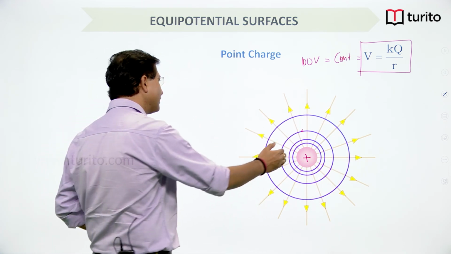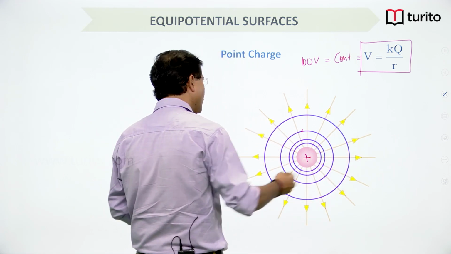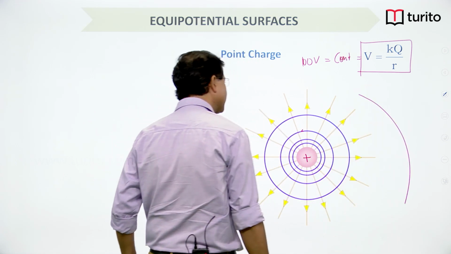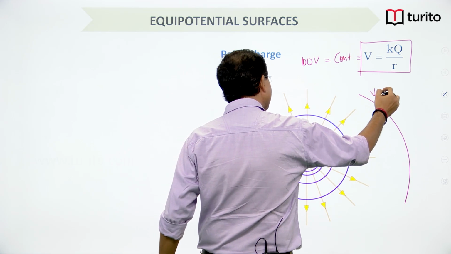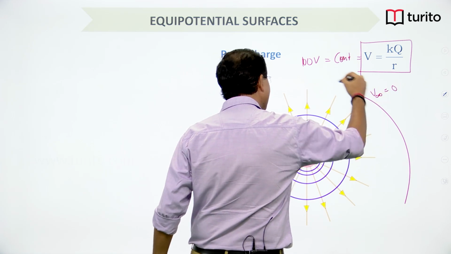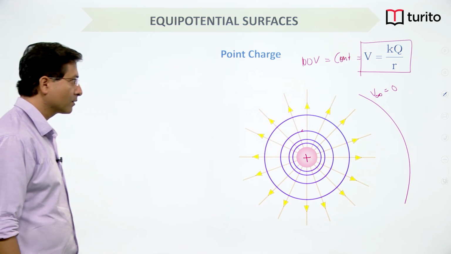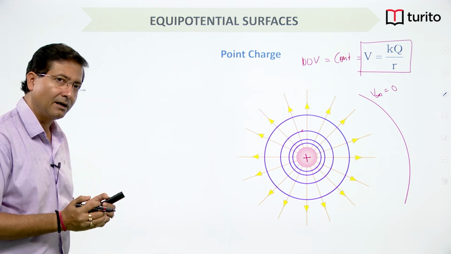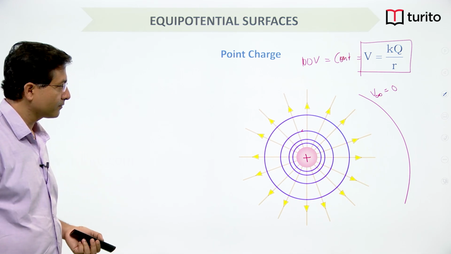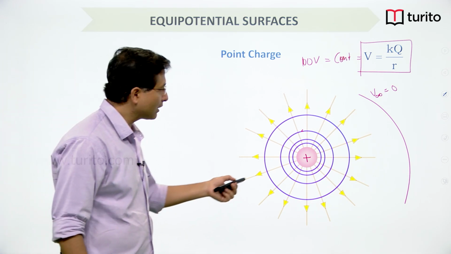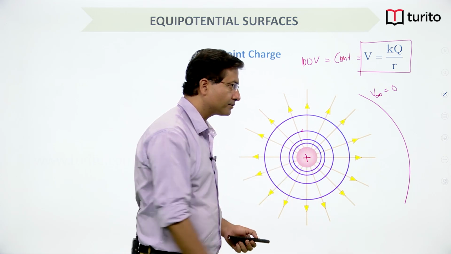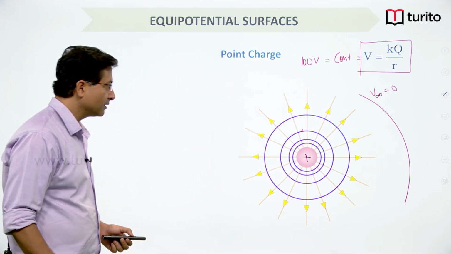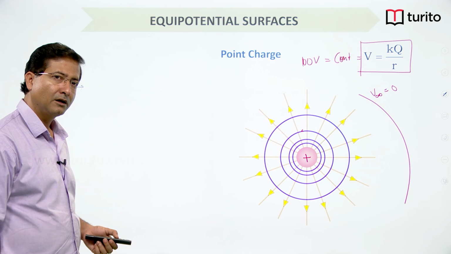As you keep moving away, the potential at infinity will be 0, right. So, all these equipotential surfaces will be spherical and concentric. This is a 2-dimensional diagram, that is why you are seeing circles. In 3 dimension it will be spheres.